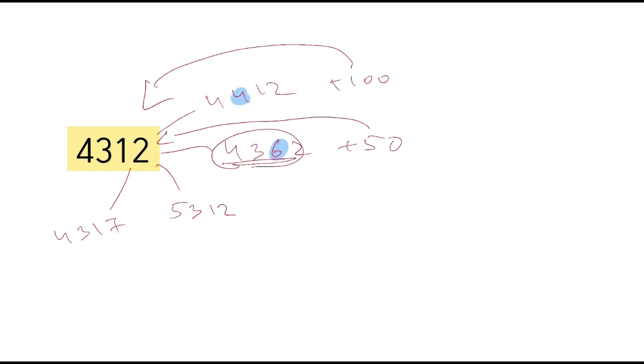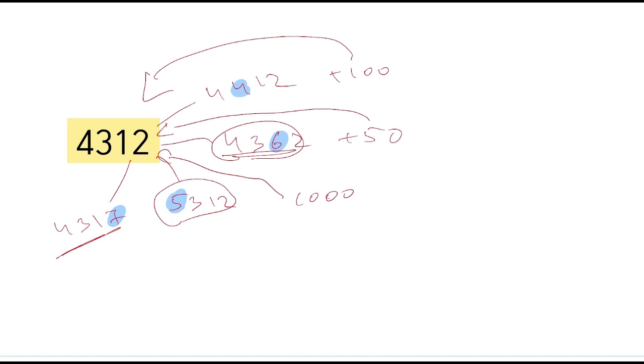If you pay attention here, I increased the thousands place, so it means that I added 1000 to this number to get this one. Or if you pay attention here, the units place is increased. If you get this number, it means that you added 5 to this number to get this one.